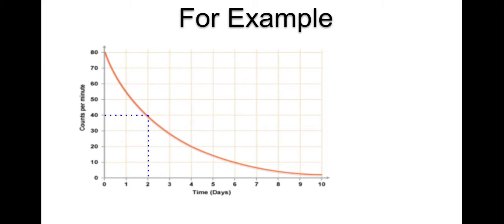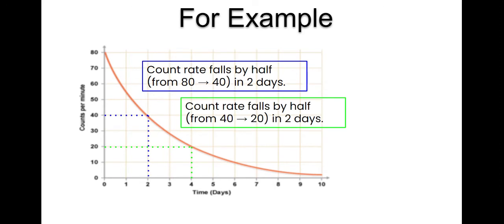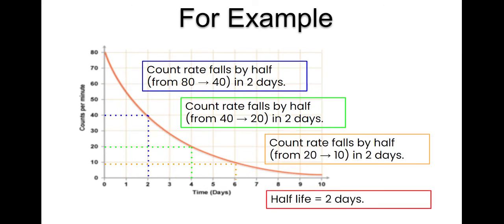Half of 40 is 20. And it reaches that after 4 days, another 2 days. So it goes from 40 to 20 in another 2 days. Half of 20 is 10, and it reaches that after 6 days. Again, another 2 days. So we can see from this graph that the half-life of this particular radioactive source is 2 days.